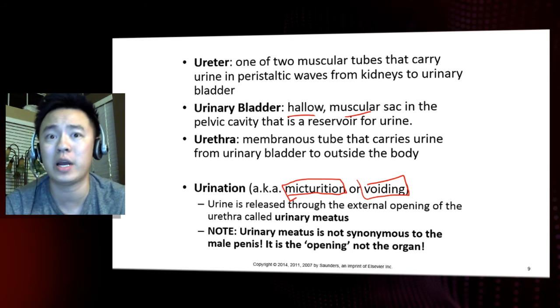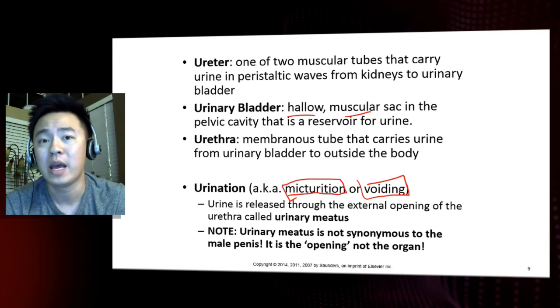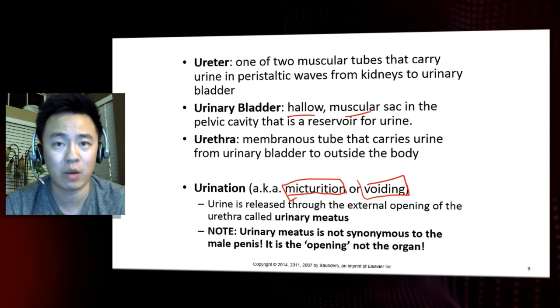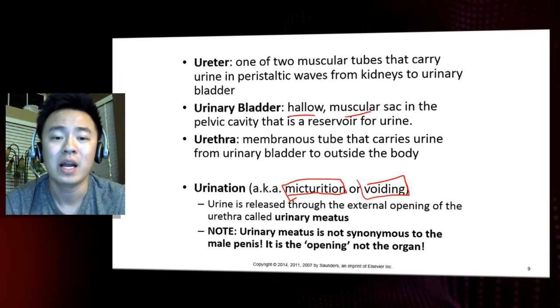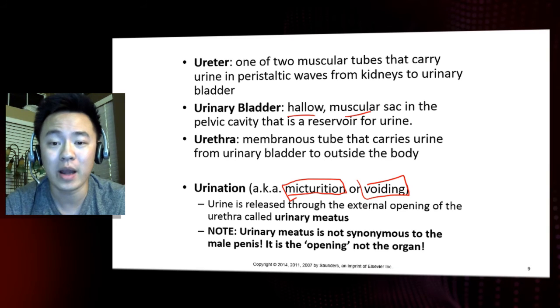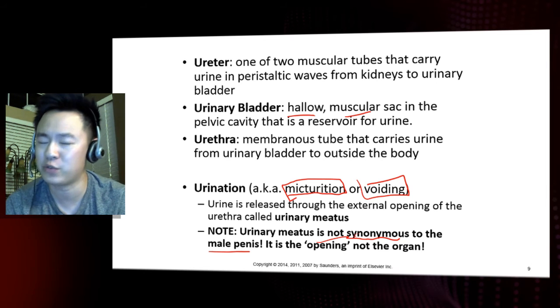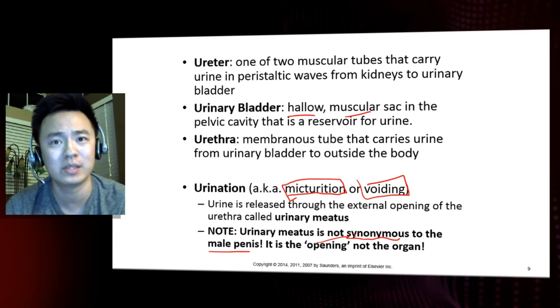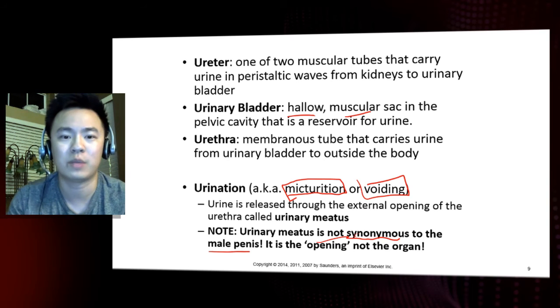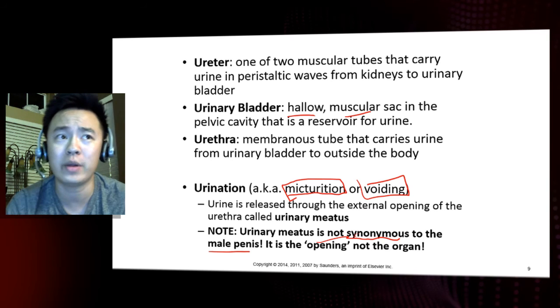Now, just to let you guys know, my on-campus lecture class had confused this many times, and I want to clarify that now for you guys: the urinary meatus is not synonymous, and I repeat, is not synonymous to the male penis. A lot of students, when they read the word urinary meatus, for some odd reason, it links their thoughts to the male penis. Read that word very carefully.